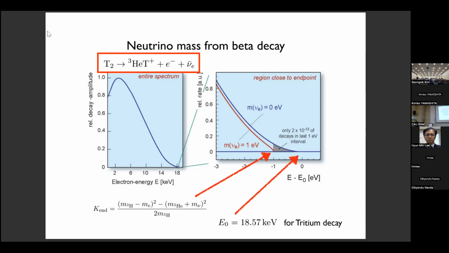So for example, when the electron neutrino mass is 1 electron volt, the energy spectrum of the electron follows this red line. So this endpoint decreases by 1 electron volt. That's basically the mass of the neutrino. So by measuring this difference very precisely, we can measure the mass of the neutrino.